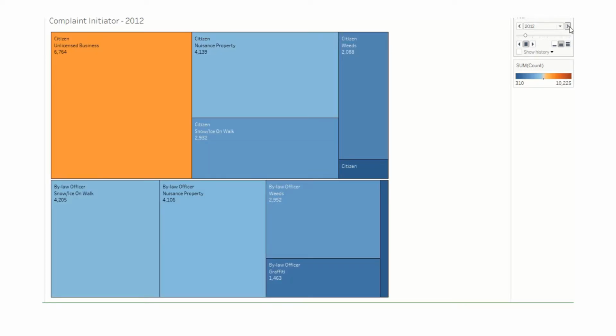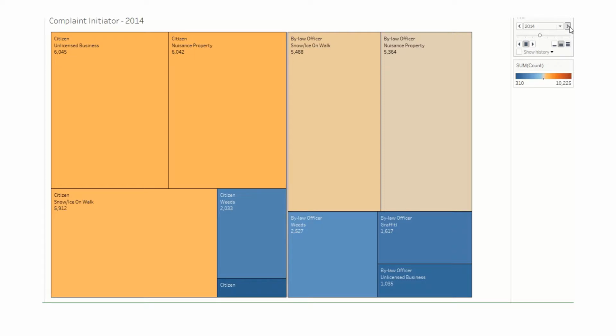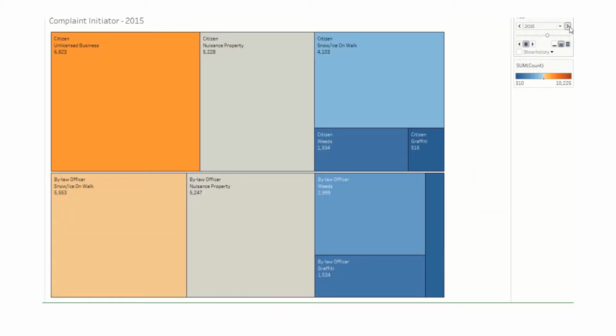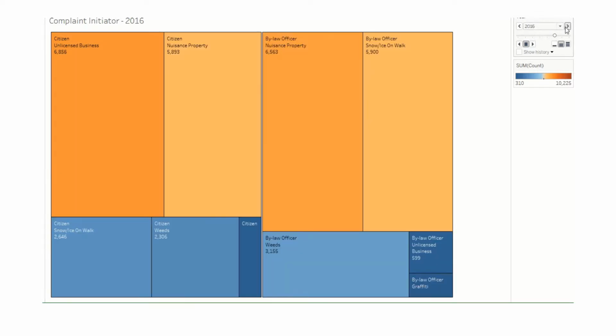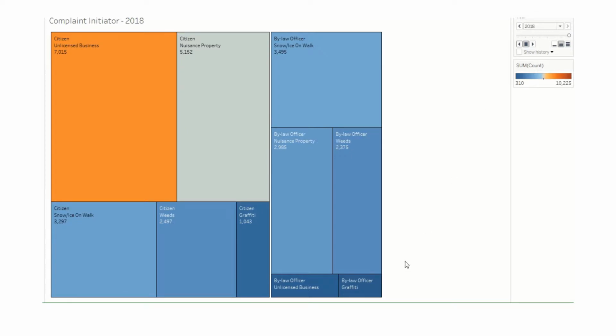We can see that citizens cared a lot about unlicensed businesses, whereas bylaw officers cared much more about snow or ice on the sidewalk. Although citizens also cared about that a lot, as this is usually the third or the fourth biggest box. What is interesting to see is that bylaw officers haven't really initiated any complaints for unlicensed businesses. They are mostly generated by citizens.